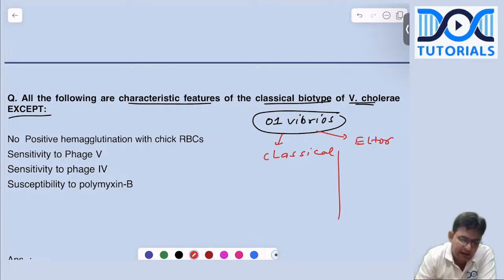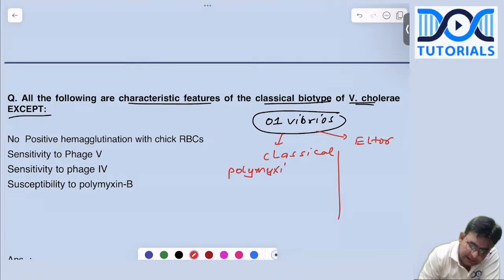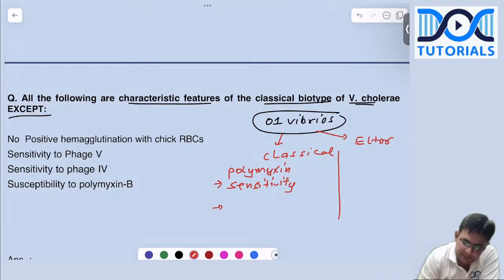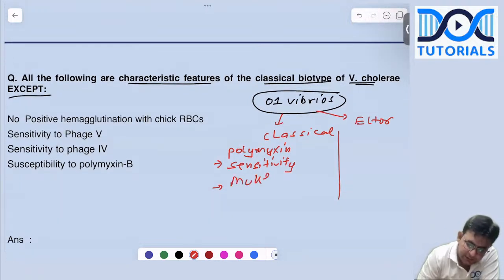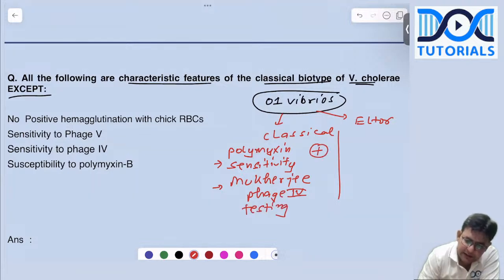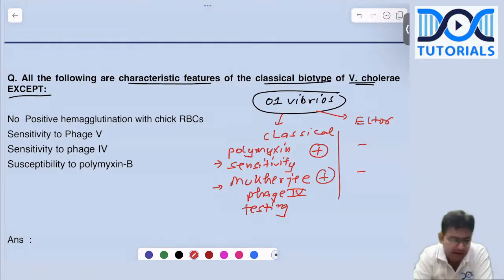How to differentiate between them? I told you, classical and El Tor are easily differentiated with the help of two things: polymyxin B sensitivity and Mukherjee Phage 4 testing. Both are positive in the case of classical, and both are negative in the case of El Tor.